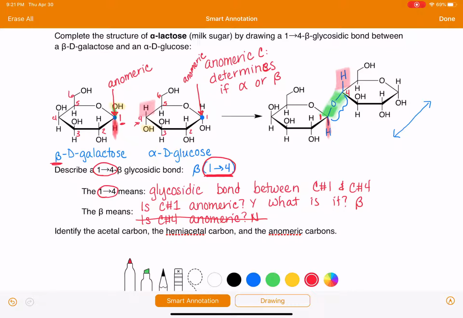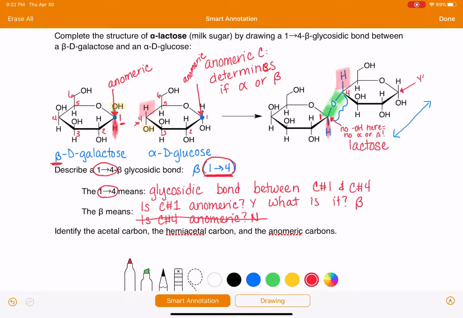The molecule itself, the name of the disaccharide, lactose, that is designated by the anomeric carbon of lactose that still has an OH group. Right? So no OH group here, and that means no alpha or beta designation.